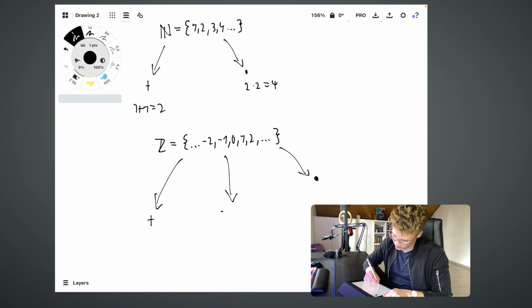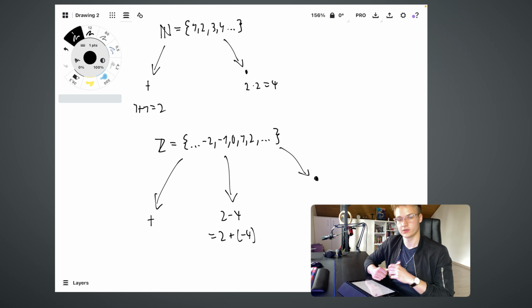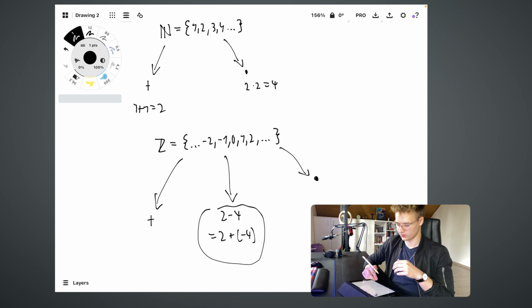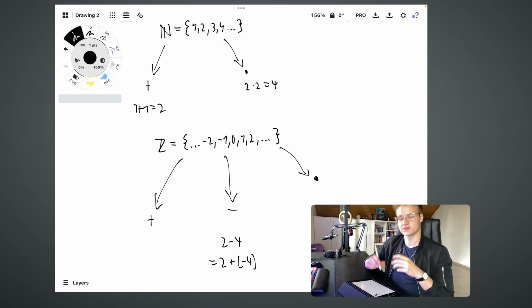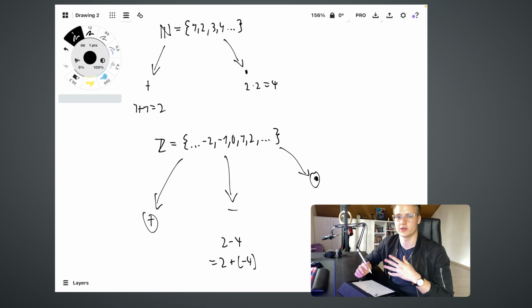For example, 2 minus 4 is the same as 2 plus the number -4. So that's how it basically works. This is the modification we need to make to subtraction in order for it to work. And addition and multiplication work in the same way as previously.